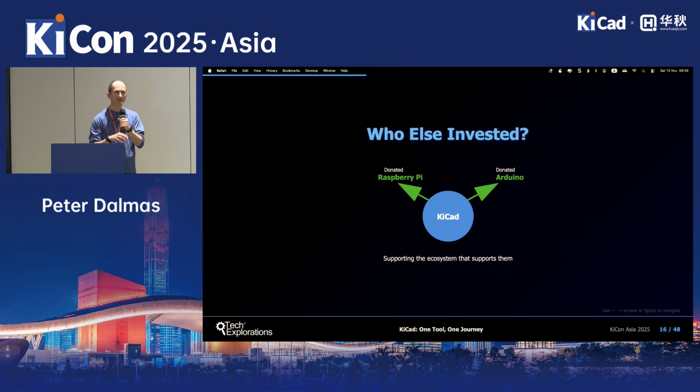decided to invest in KiCad, other large and important companies came in. I mean, large, not so much in terms of size, but in the impact that they have in the maker and technology ecosystem. So you had companies like Raspberry Pi and Arduino that decided to follow what CERN had done and invest in KiCad, invest in open source.